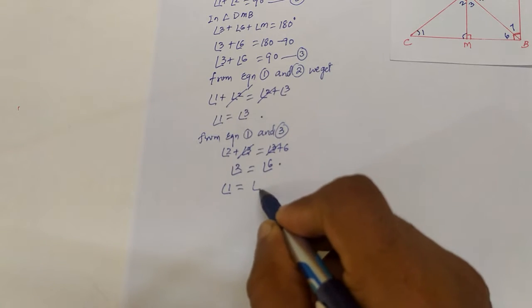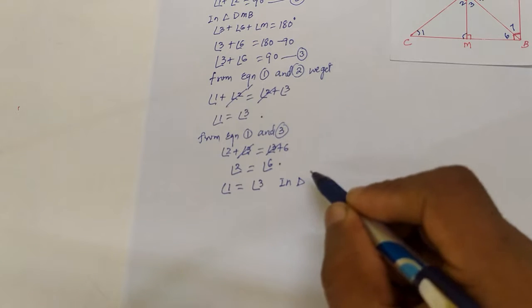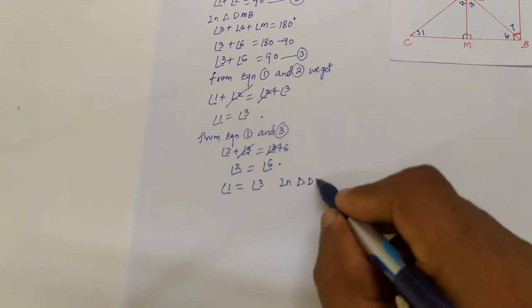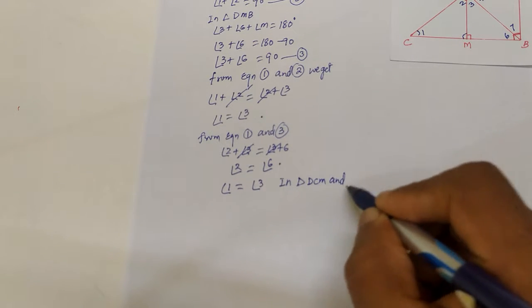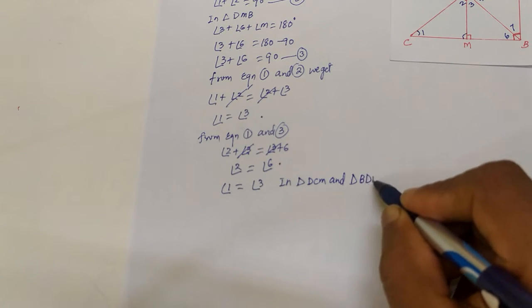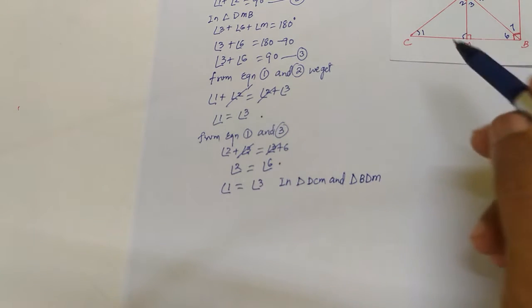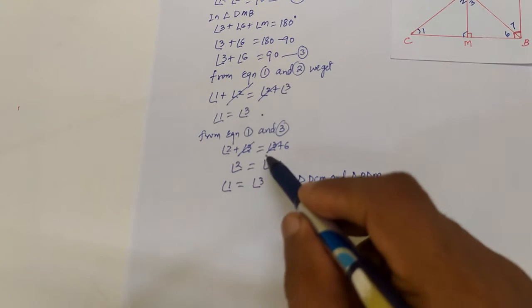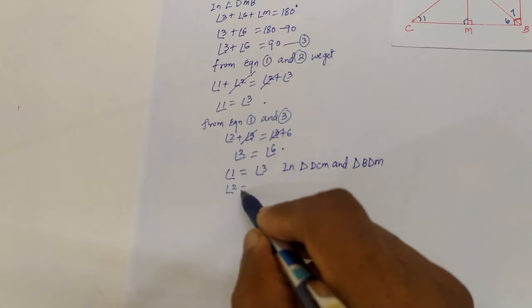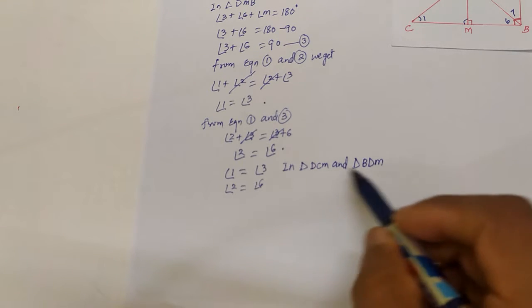In triangle DCM and triangle BDM, we have proved angle 1 is equal to angle 3, and angle 2 is equal to angle 6. So these two triangles are similar.